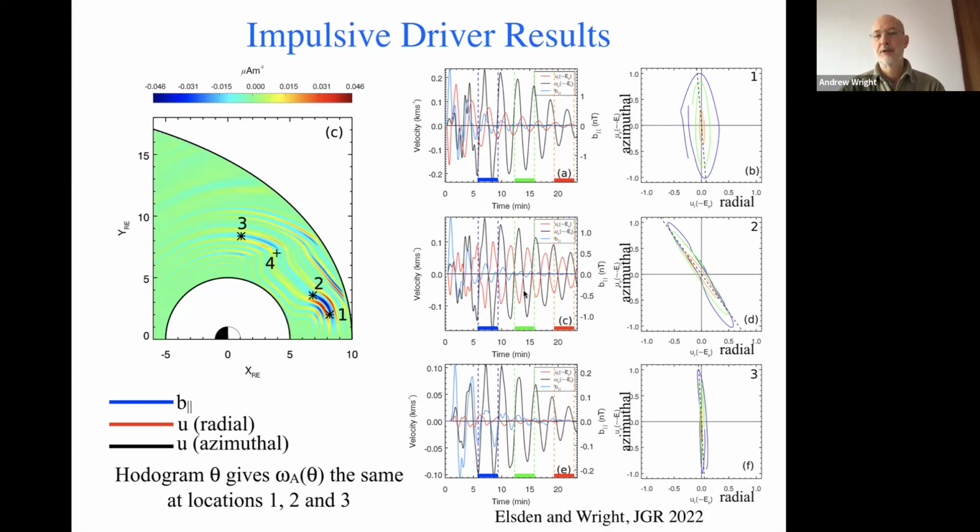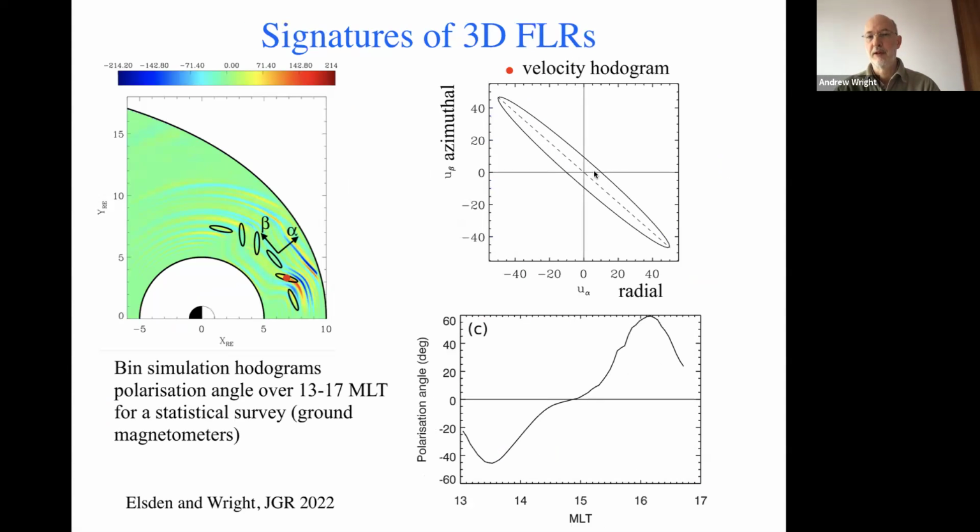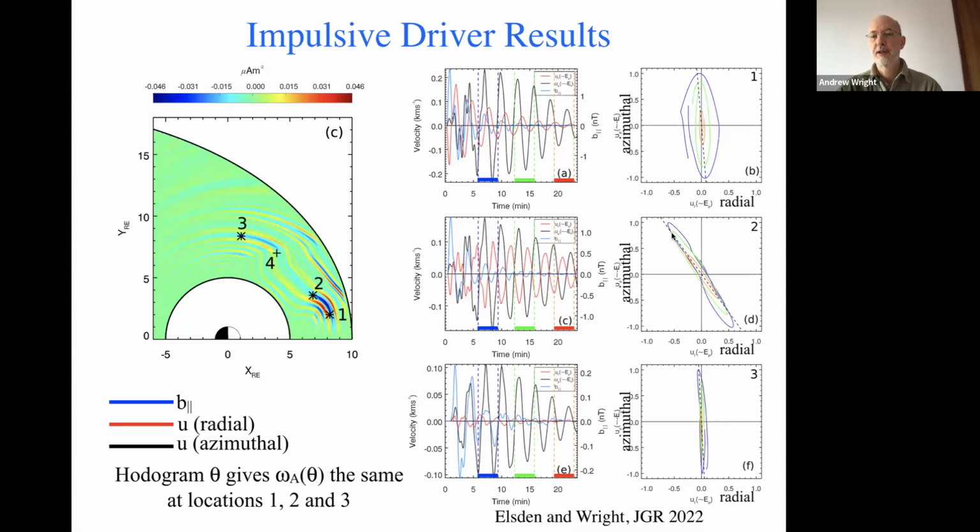I won't labor them too much, but the main thing to note is that the ellipse is tilted over as we predicted from the simulation results. Again, 3 little intervals are taken, giving a nice consistent orientation to the hodogram.